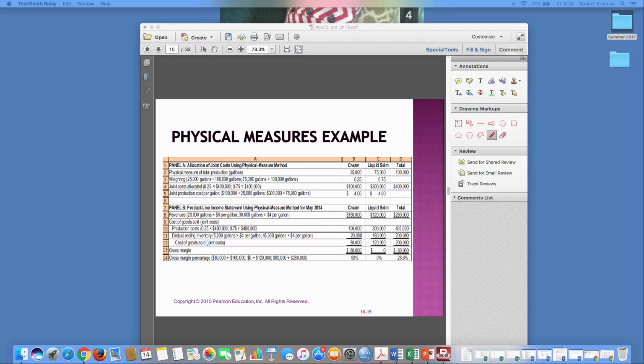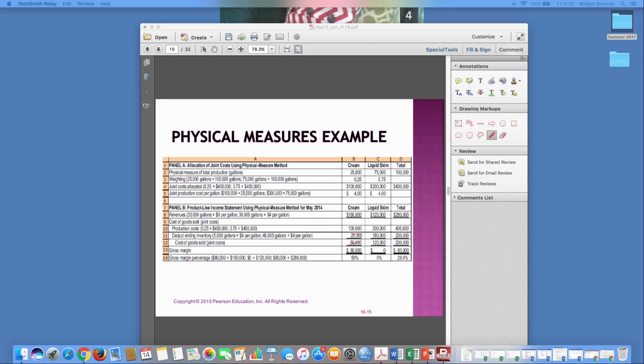Here are my total production costs, since I'm not doing any further processing. With 5,000 gallons in ending inventory, I would value ending inventory at 20,000. It gives me cost of goods sold of 80,000. So if I subtract 80 from the 160,000, I end up with 80,000.